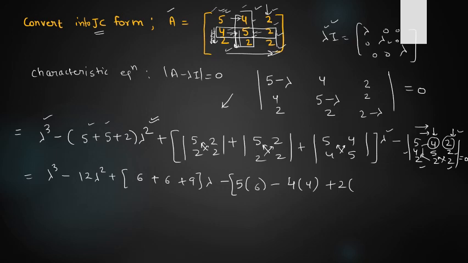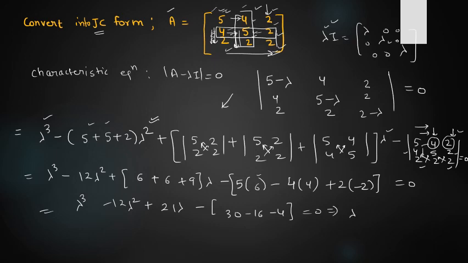What is left? 4 times 8 minus, so you are hiding this one, right? 4 times 8 minus 5 times 10, so minus 2, right? Equals 0. So you have got lambda cube minus 12 lambda square, 9, 6, 15, 6, 21 lambda minus, this is 30 minus 16 minus 4.